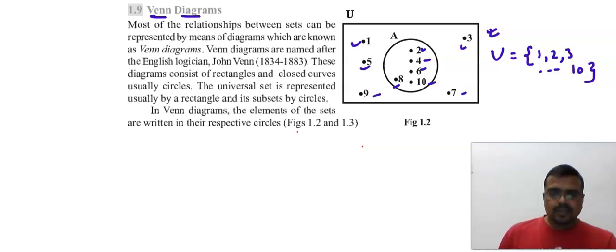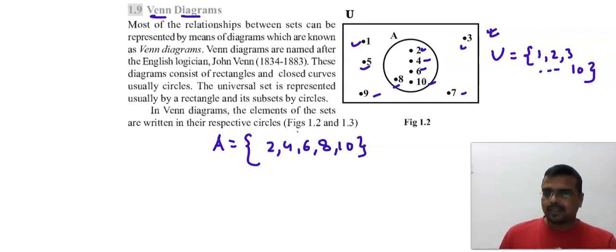Whereas set A has all the elements in A because they are inside circle A. So the elements are 2, 4, 6, 8 and 10. So this is set A, and there are some things which are not a part of A, but are a part of the universal set.